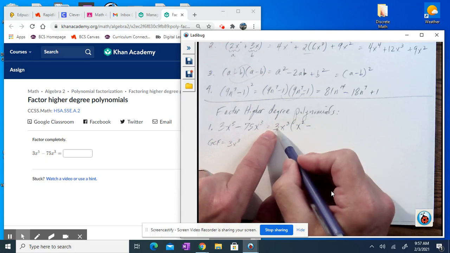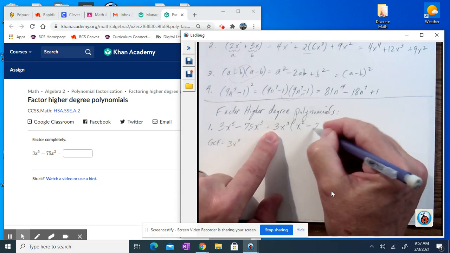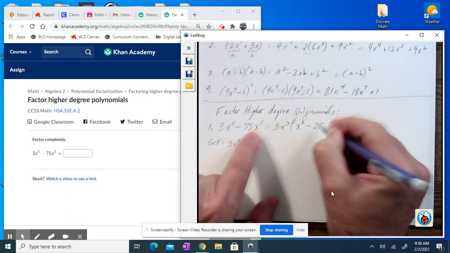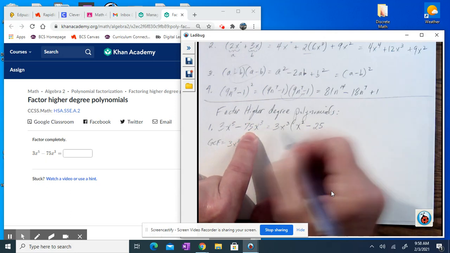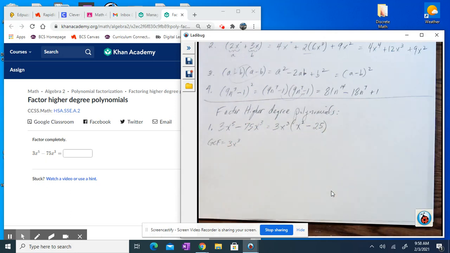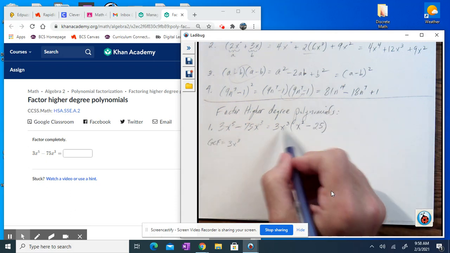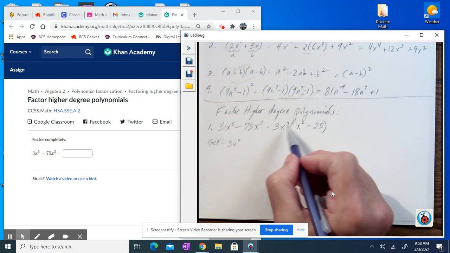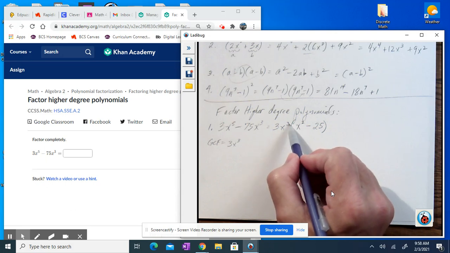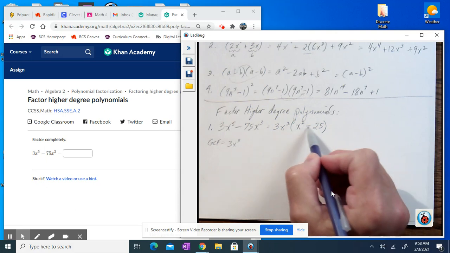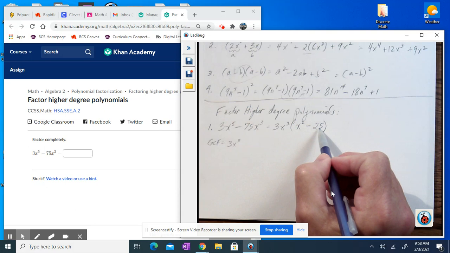Well, 3 times what is 75? That's 25. And you took out the x cubed, so it's just that. So now I've got two factors: 3x cubed is a factor, and x squared minus 25 is a second factor.